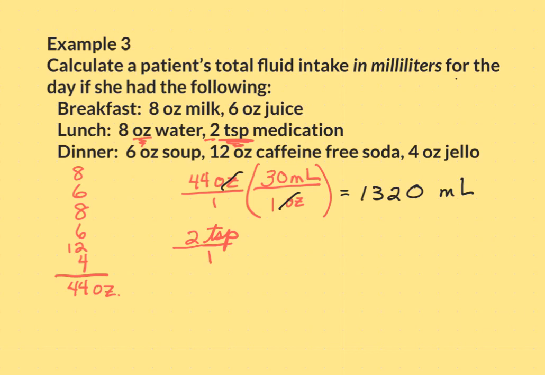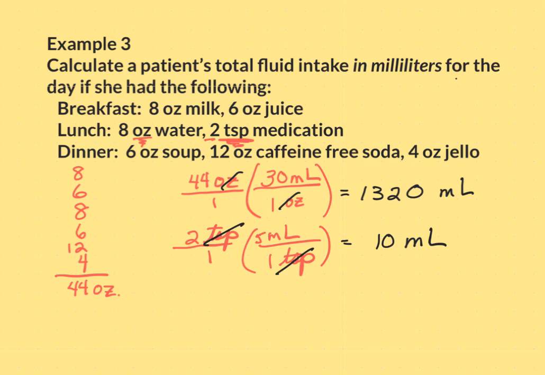Okay, so I'm going to do a conversion. I need to convert those to milliliters also. So how many milliliters in 1 teaspoon? 5. Okay, teaspoons cancel, leaving us in milliliters, which is what we want. And 2 times 5 is 10, 10 milliliters.